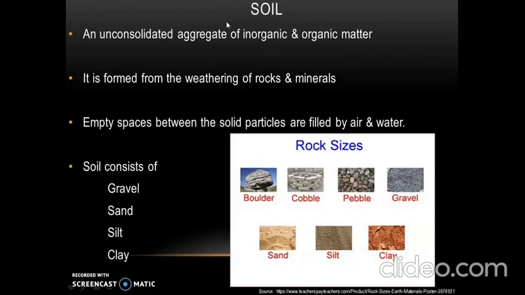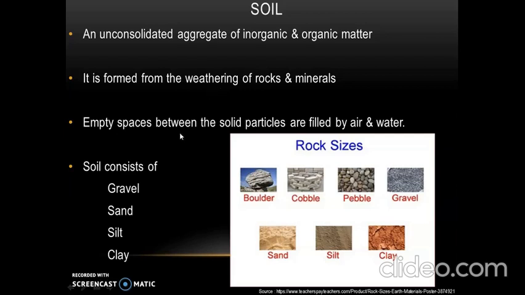Now we will find out what is soil and how it originated. The unconsolidated aggregate of organic or inorganic matter is nothing but soil, and it is formed from weathering of rocks and minerals, and this weathering can be either physical or chemical weathering.